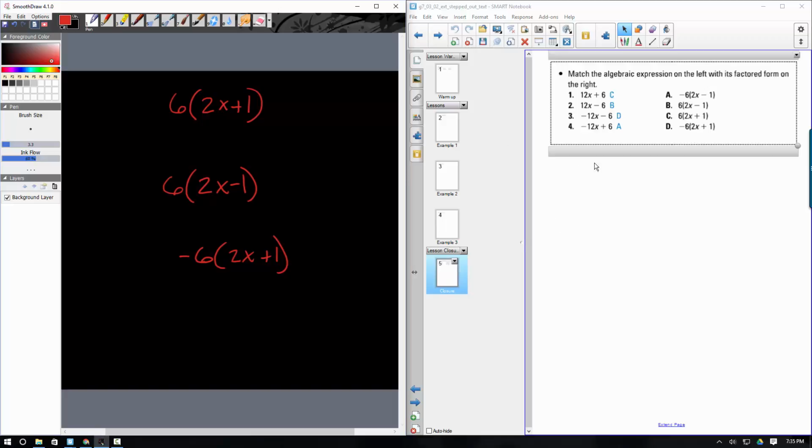And then finally, I'm going to take out a 6, I'm sorry. And I have negative 2x minus 1. We'll see if there's any that work with this one.